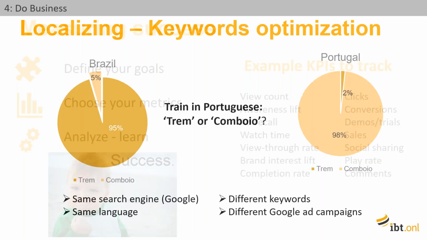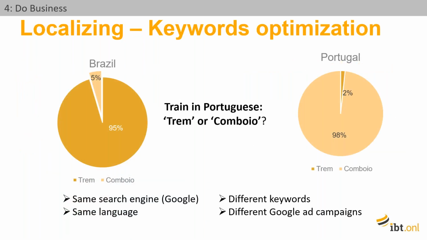And here's another example about this keyword optimization that I wanted to put in, just because it's such an important aspect. Again, the difference between Portuguese in Portugal and Portuguese used in Brazil. So again, if you're in Portugal and you say the word train, you'd use the word comboio. And if you're in Brazil, you'd use the word tren.